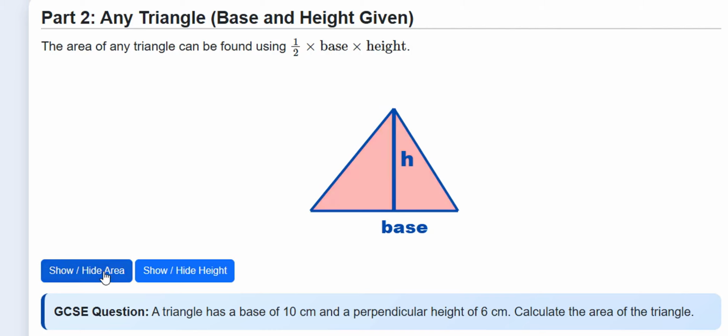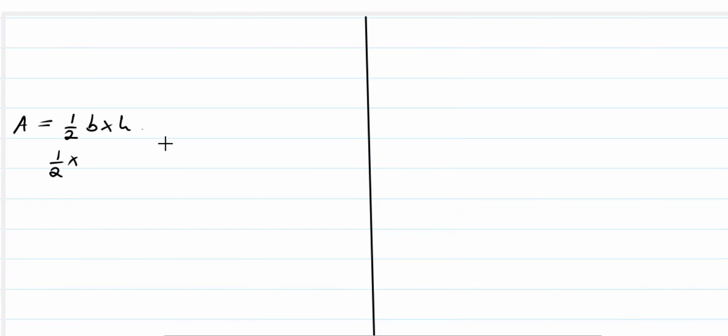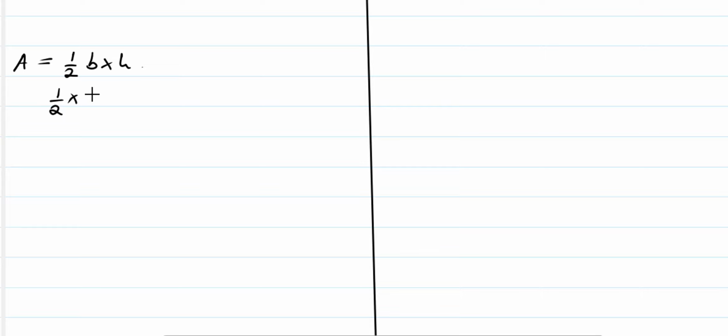And of course we are finding that area, the region enclosed by the sides of that triangle. So, as usual, the formula remains: area equals half base multiplied by height. So here it will be half of the base, which is 10, and the height is 6. So half of 10 multiplied by 6.